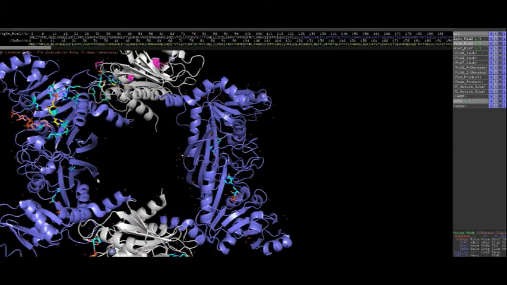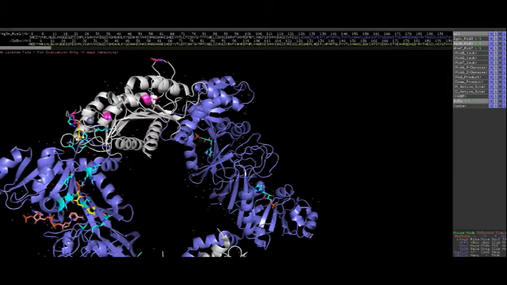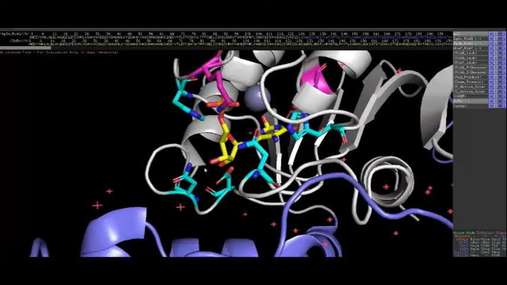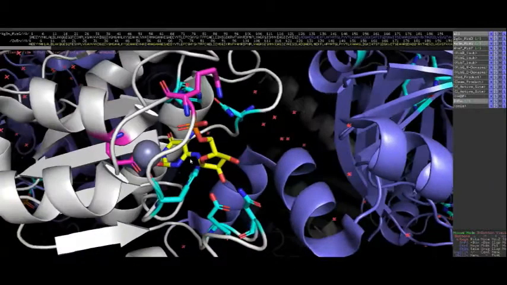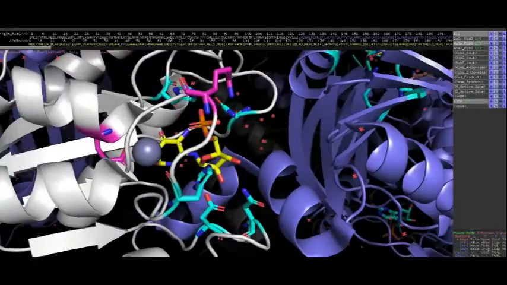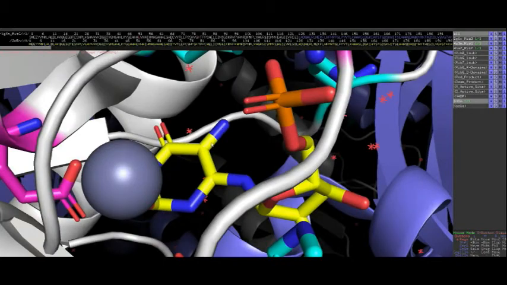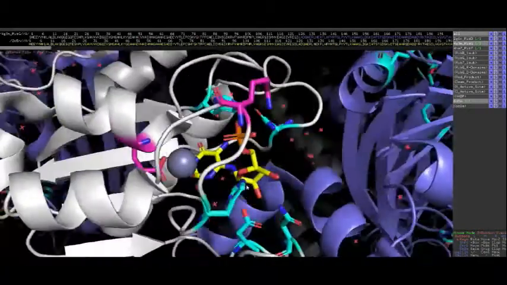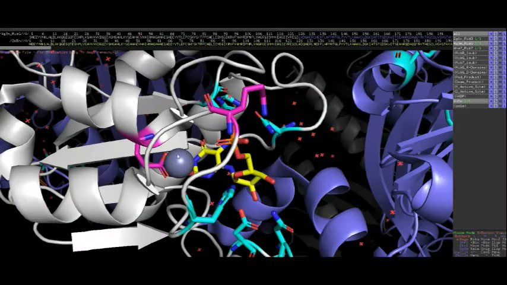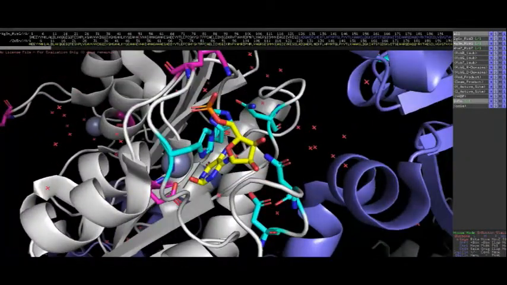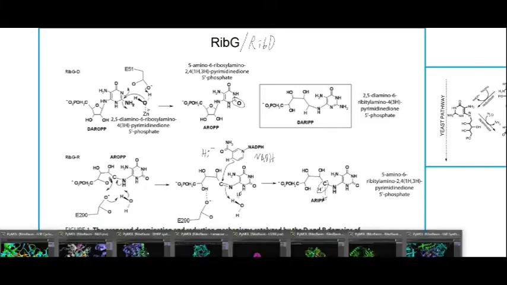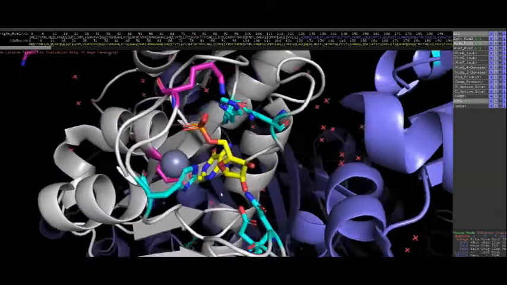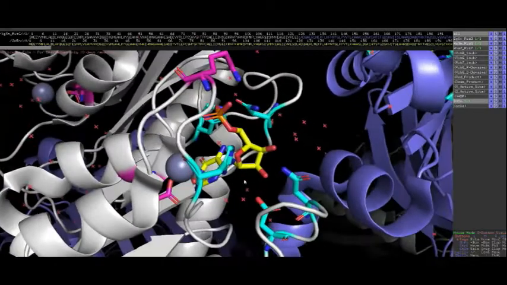And so we can look at the different active sites here. So over here is the deaminase active site. And we can see our substrate in here. We know it's the substrate because we see it still has this amine group on it. And this has a zinc ion in here. And we know from the mechanism up here that we have the glutamate 51, which we can see, where is that glutamate?